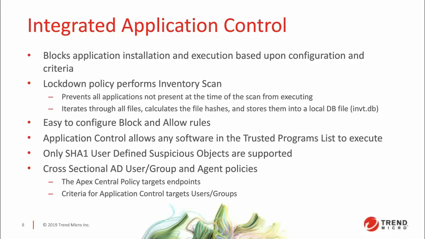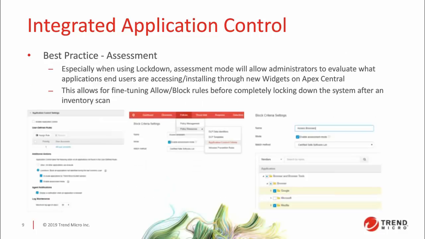So the best practice for integrated application control, if you're issuing it initially, maybe you've never used it before, maybe you just want to see what's going on. So you set out the lockdown and leave it in assess mode. We have a couple of widgets. I don't have a screenshot here, but there's two widgets for application control, and they show when an application runs outside of that lockdown.